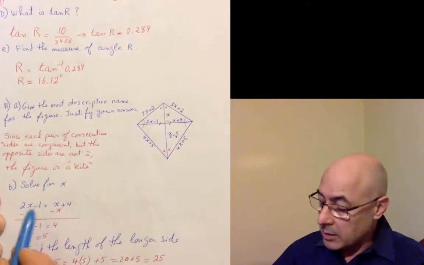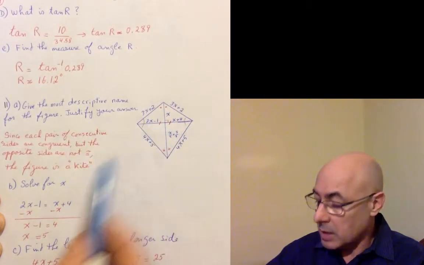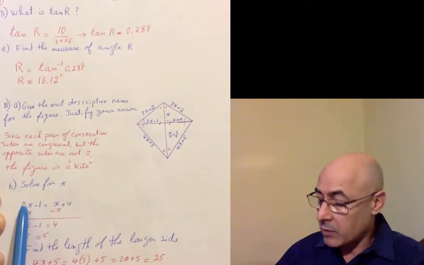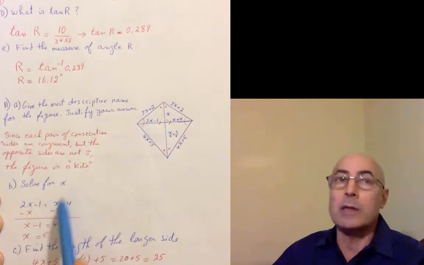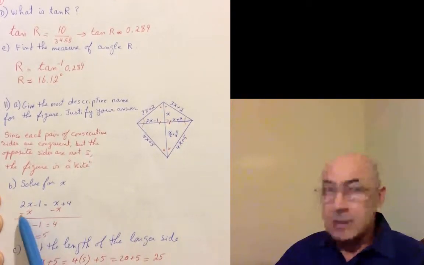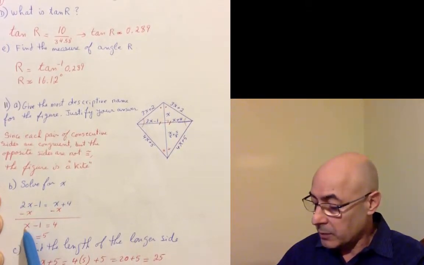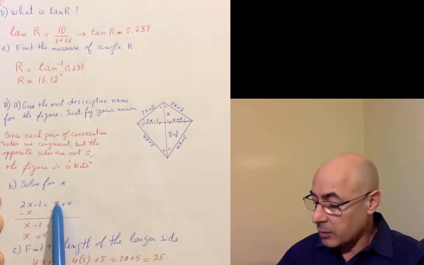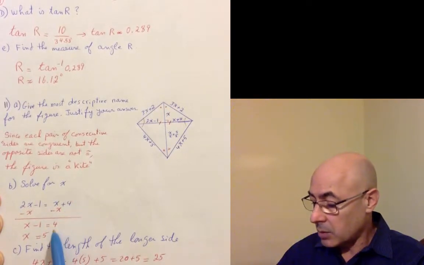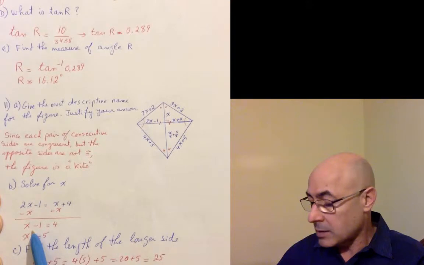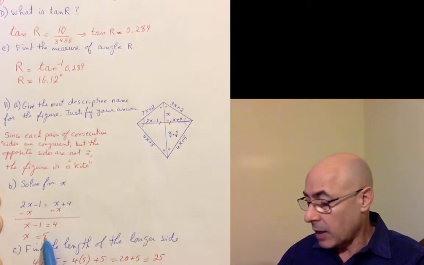So now I can set 2x minus 1 equals x plus 4, subtract x, because I have x on both sides of the equation, so I need to eliminate x from one side. So subtract x, then x by itself going down here, bring down the 1, subtract x, x is gone, bring down the 4, add 1, the 1 is cancelled, you get x equals 5.